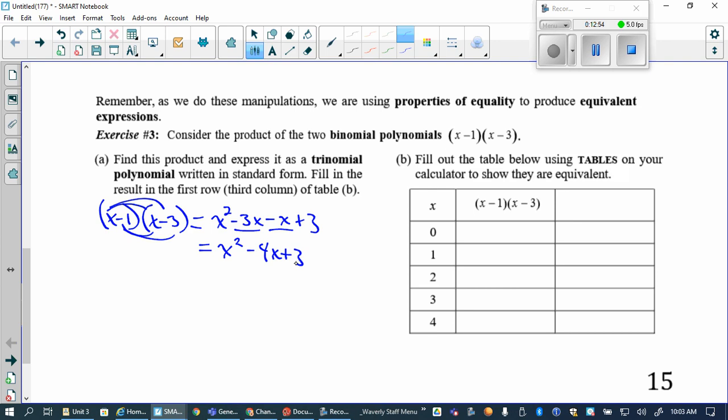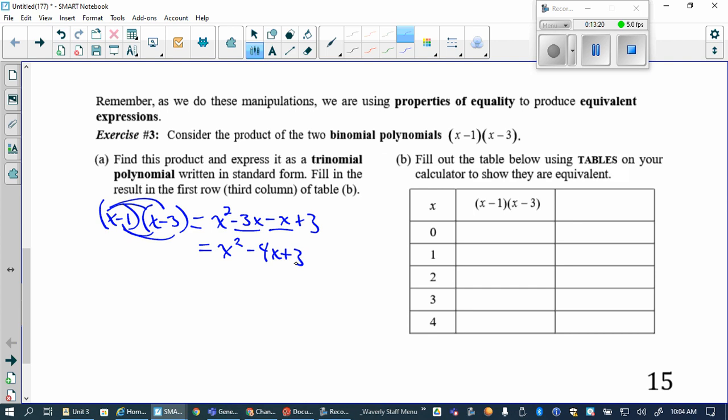As you should too, right? Better be, because that's what I've been teaching you. And what does that mean about this trinomial and these two binomials? There's an equal sign in between. What does it mean? They're equal, right? This one?